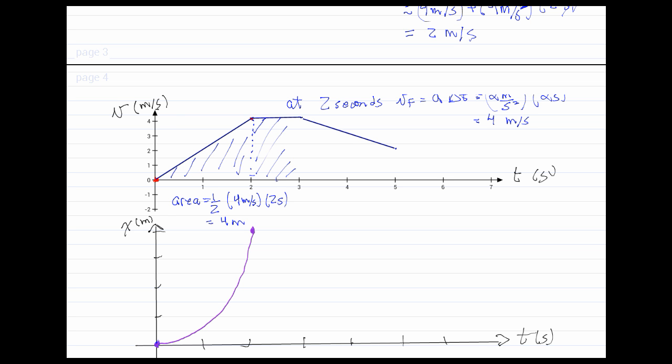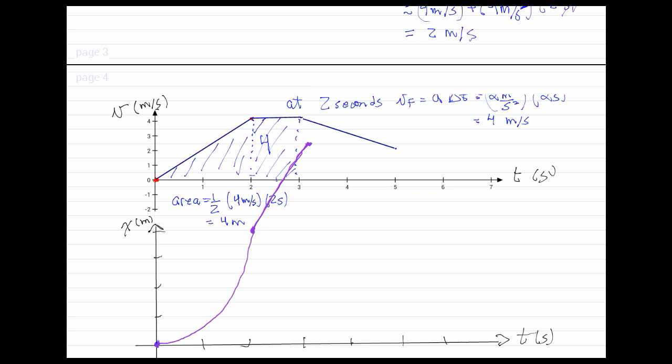So anyways, the area in this shaded region here is just 4 times 1, which is 4, right? And so, from 2 to 3 seconds, our position increases. I've run out of room, but hopefully you'll see this. So we increase linearly because we have constant velocity in this region here.